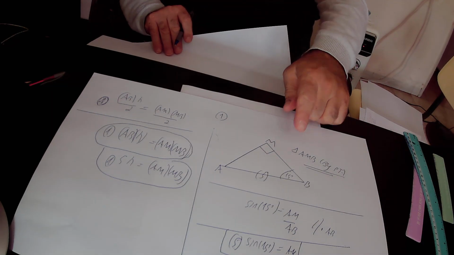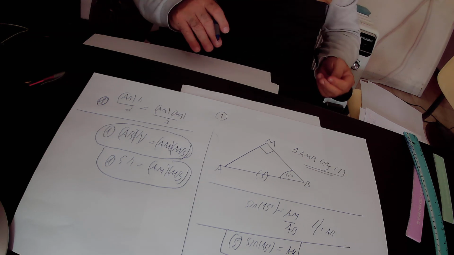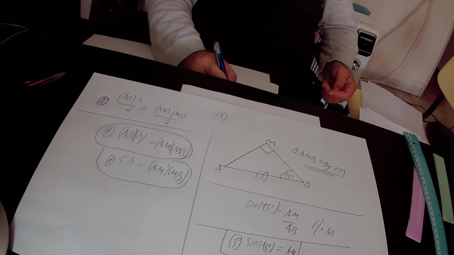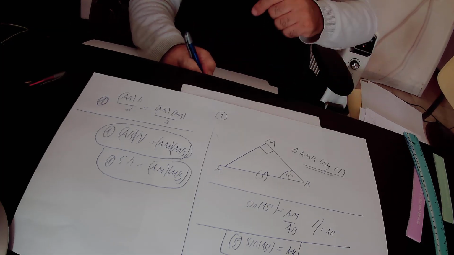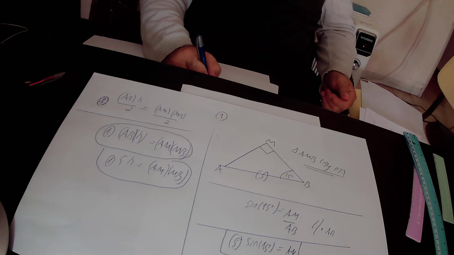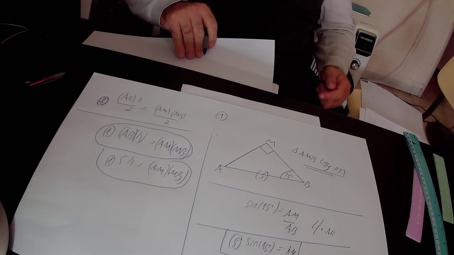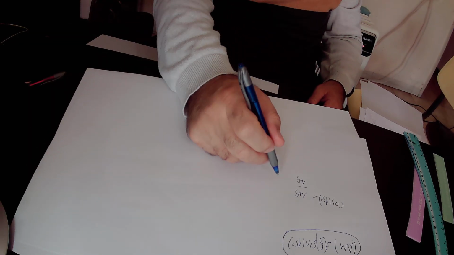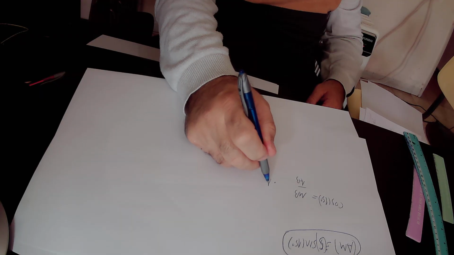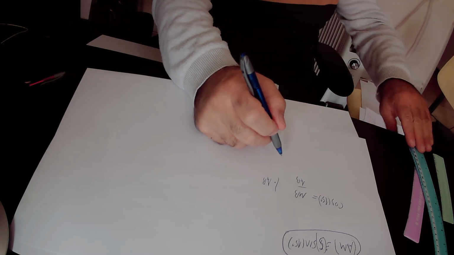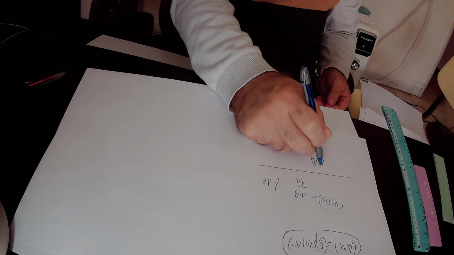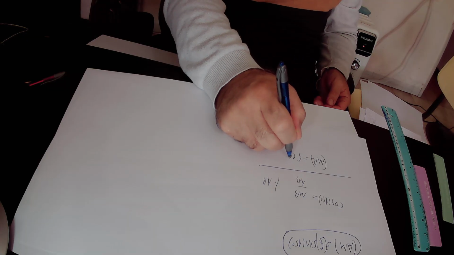We continue to focus on this right triangle AMB. Here we can say that cosine 15 degrees equals MB over AB. Here we multiply this equation by AB. AB is 5. So here we get that MB equals 5 times cosine 15 degrees.